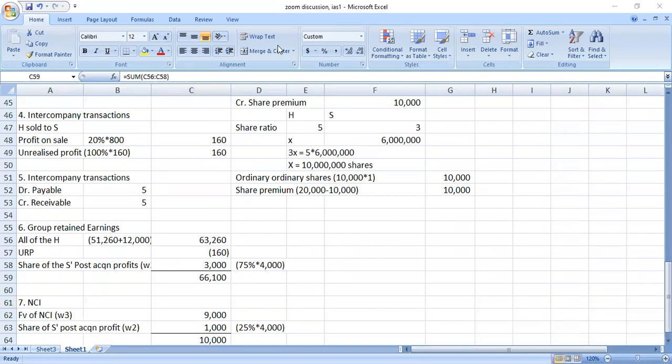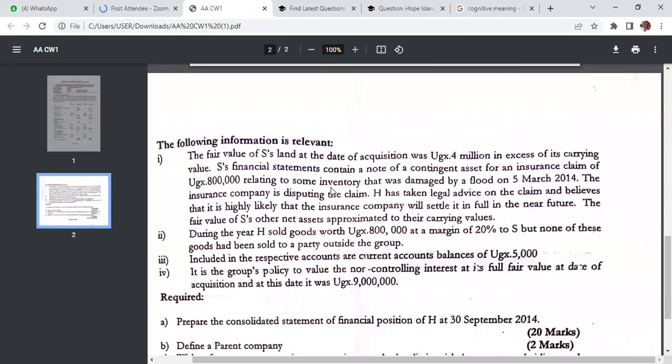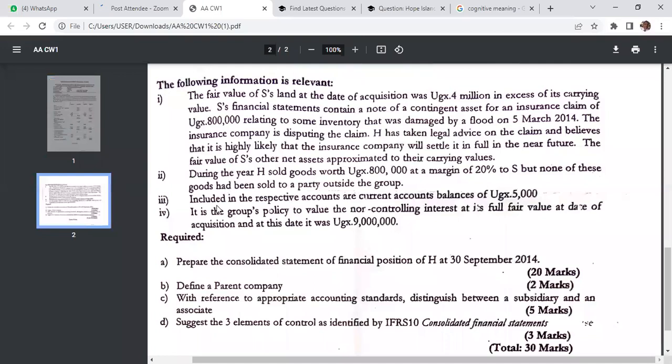Working 5. Working 5, we said, in the question, it is clear they're saying that, I want to refer to it again. So just take note that we debited payables and credited receivables. And the reason is they say that the additional information here, that included in the respective accounts, meaning the assets and liabilities, we have what they call current accounts. If you remember branch accounts in intermediate, we had what they call current accounts.